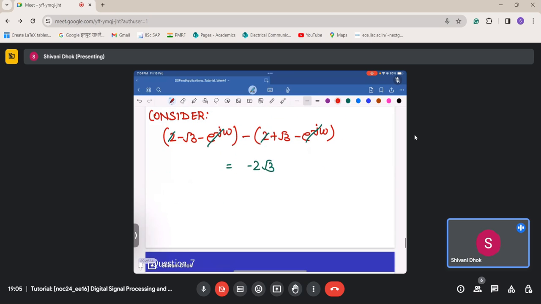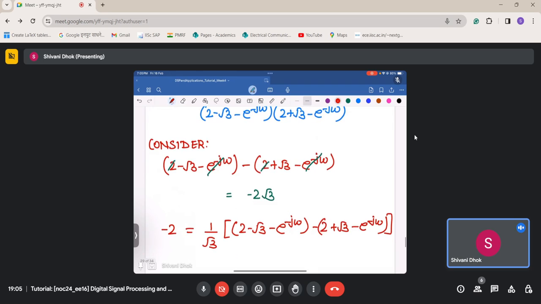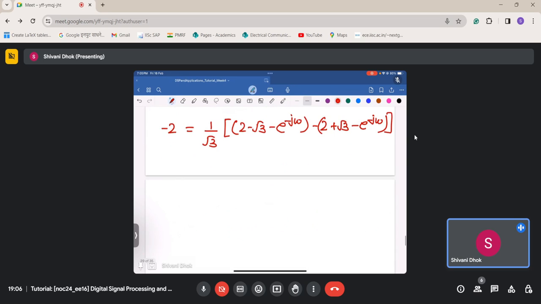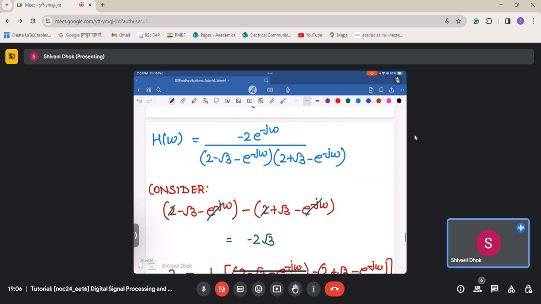So therefore we can write minus 2 is equal to 1 by root 3 multiplied by (2 minus root 3 minus e power minus j omega minus 2 plus root 3 minus e power minus j omega). Okay. And again what I can do is multiply both sides by e power minus j omega.